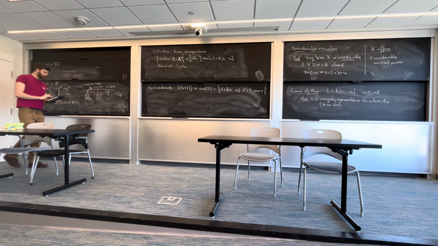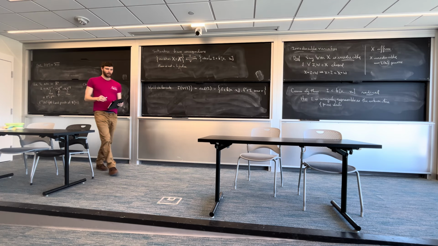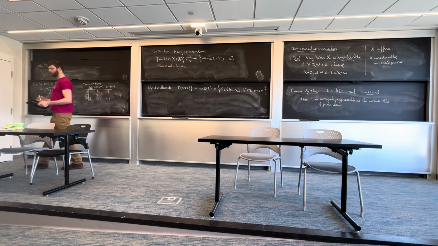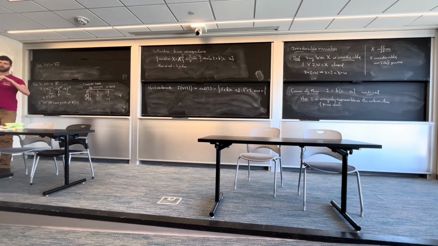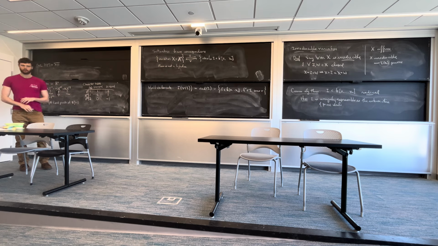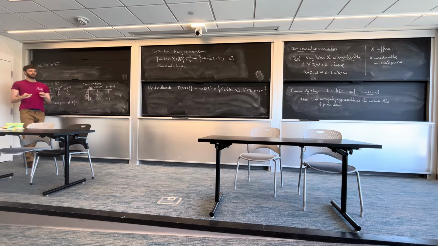And this is basically because when we proved Maschke's theorem, so Maschke's theorem was saying that every representation of a finite group over the complex numbers is completely reducible, so you can break it up into these irreducible components.